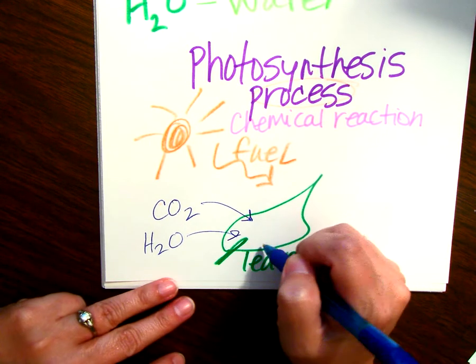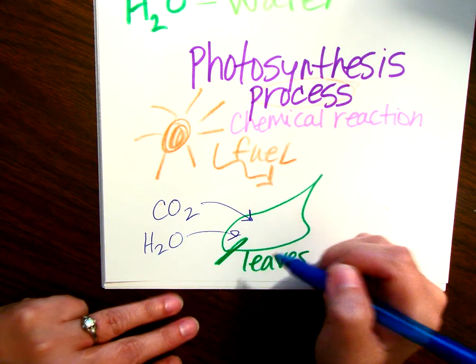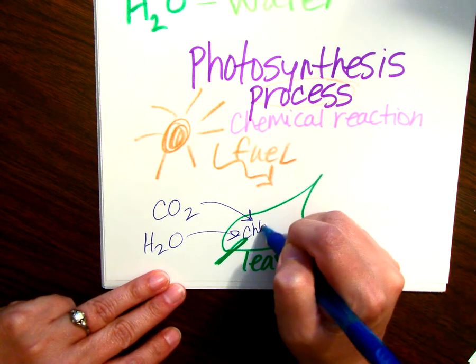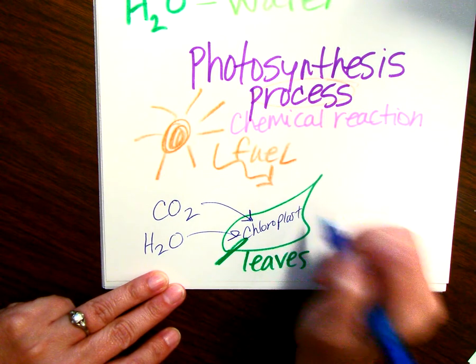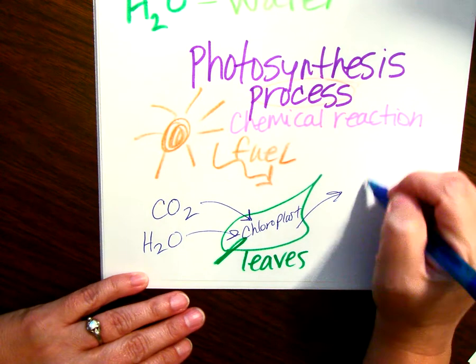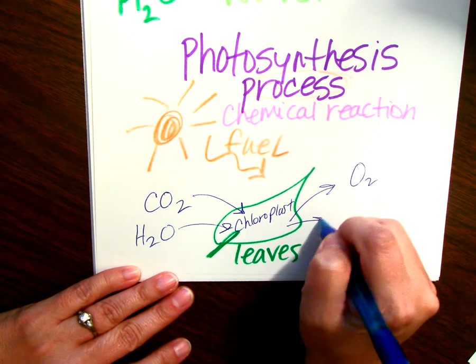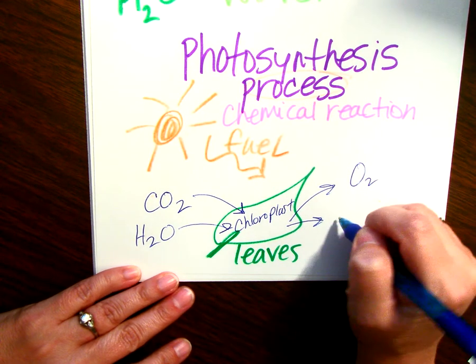Okay, then the magic happens, the chemical reaction happens in the leaves, in the chloroplast actually, if you remember that. And what the products are, oxygen gets released into the air for us to breathe, and then we also get sugar, glucose.